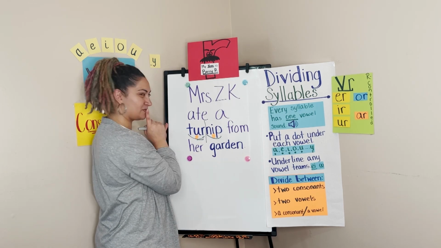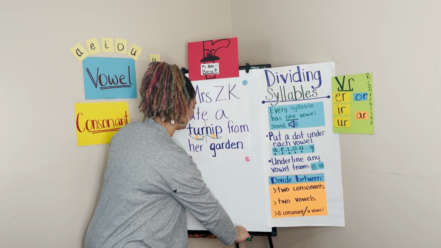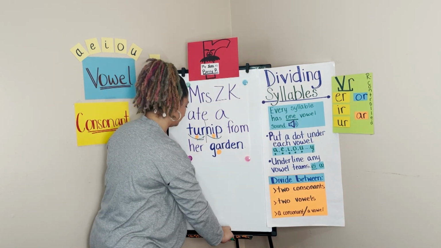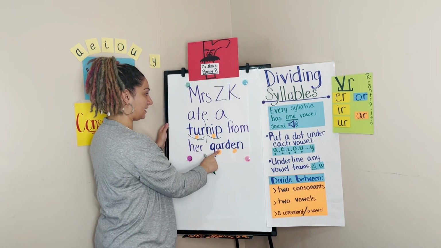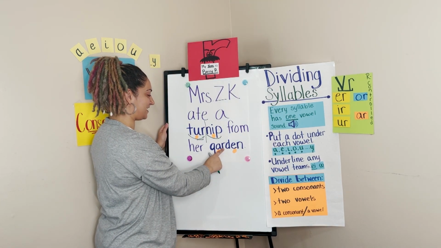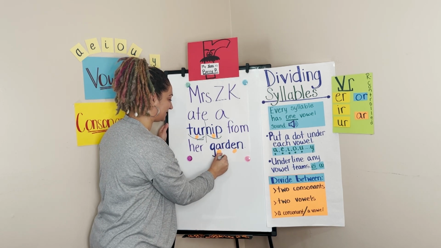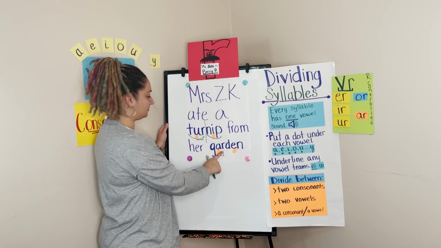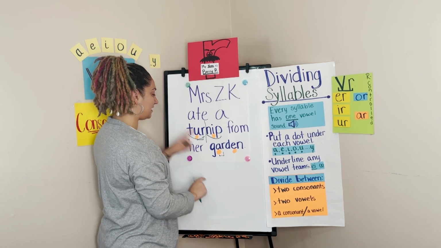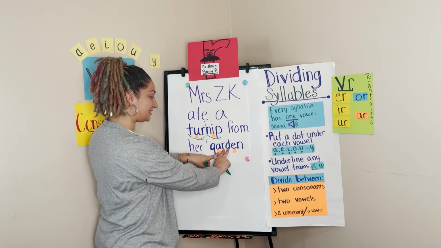One more time. I'm going to go ahead and find the vowels. I see AR. I see that R right behind the vowel in this word. AR makes our pirate sound. R. In between our two vowels, I see two consonants.